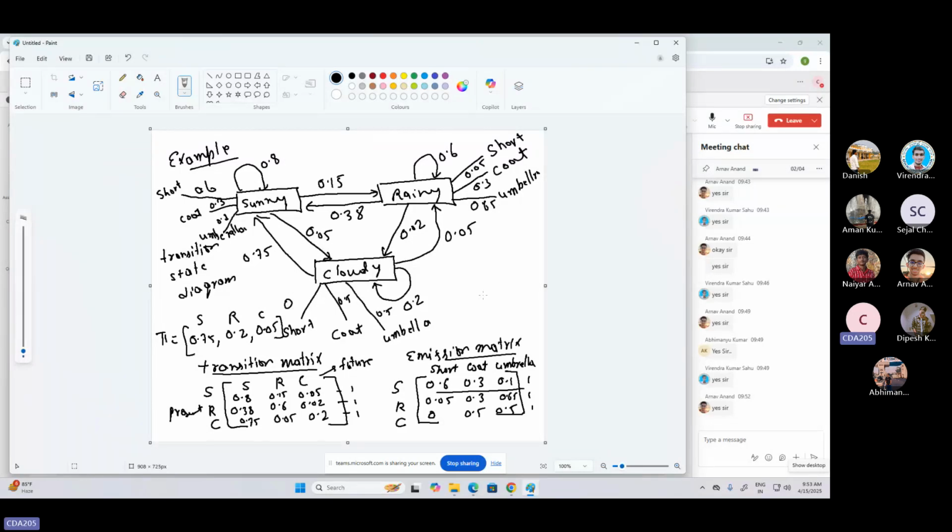Everyone understood this? How to make the transition matrix seeing this transition diagram, and how to make the emission matrix seeing this diagram. Okay, everyone is clear?